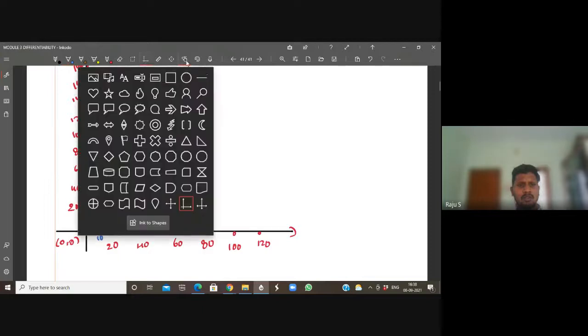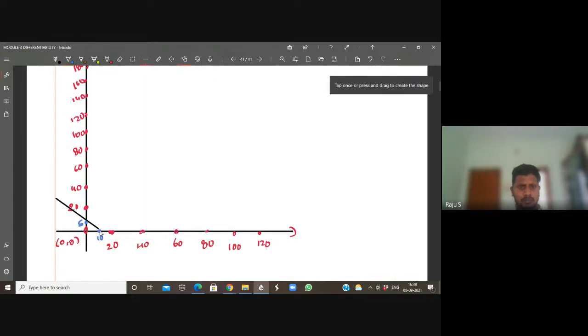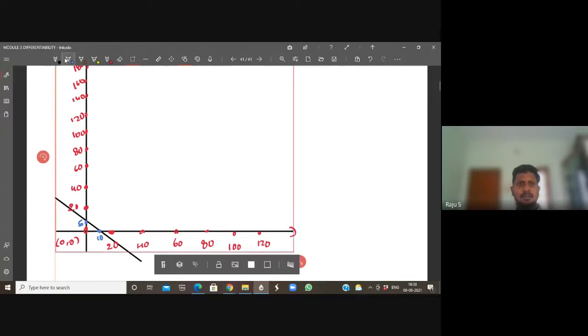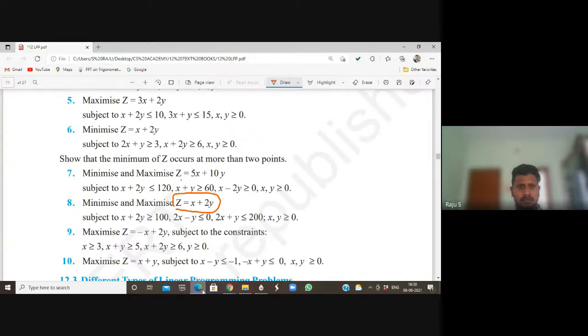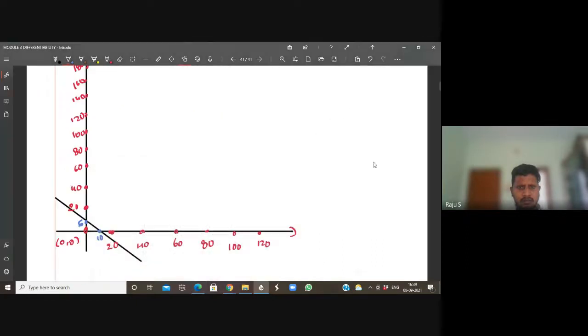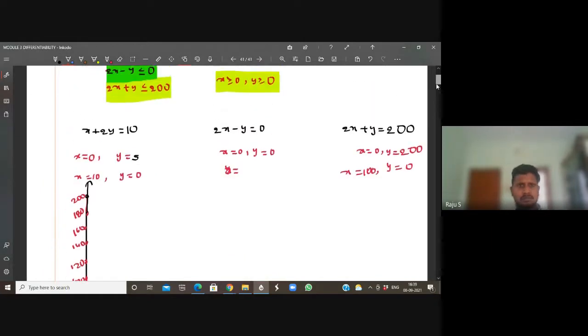You can draw the line which is passing through these two points. What is the equation of this line? X plus, the first one is 100. Yes, sir.